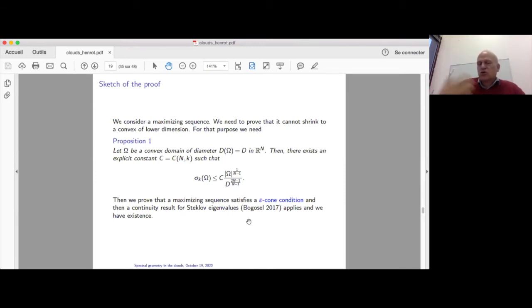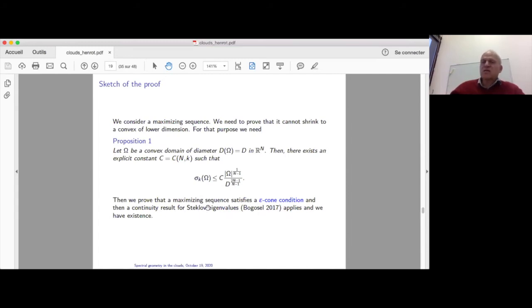So epsilon cone condition is just a geometric translation of this uniform Lipschitz property. And so for your maximizing sequence with a diameter constraint, you can prove that there is an epsilon for which you have this epsilon cone condition.